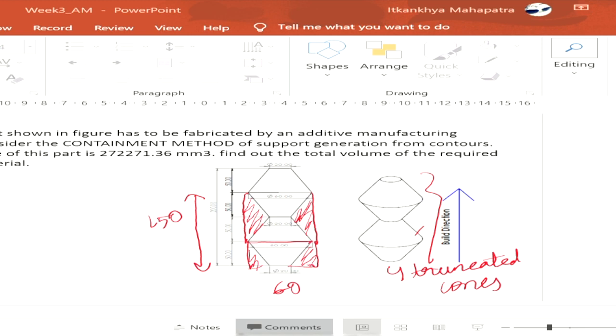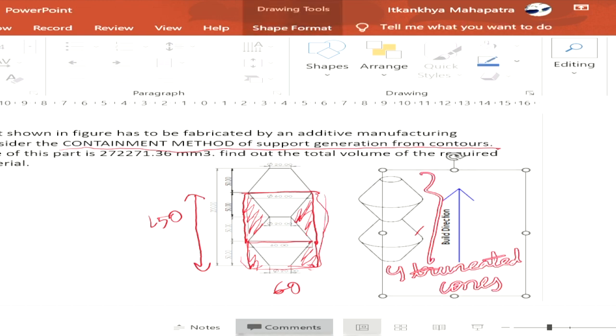Now when we consider this entire thing, this will be as your support plus object. Now this is saying that we need to consider the containment method of support generation from contours. That means what is the total support for the entire thing.